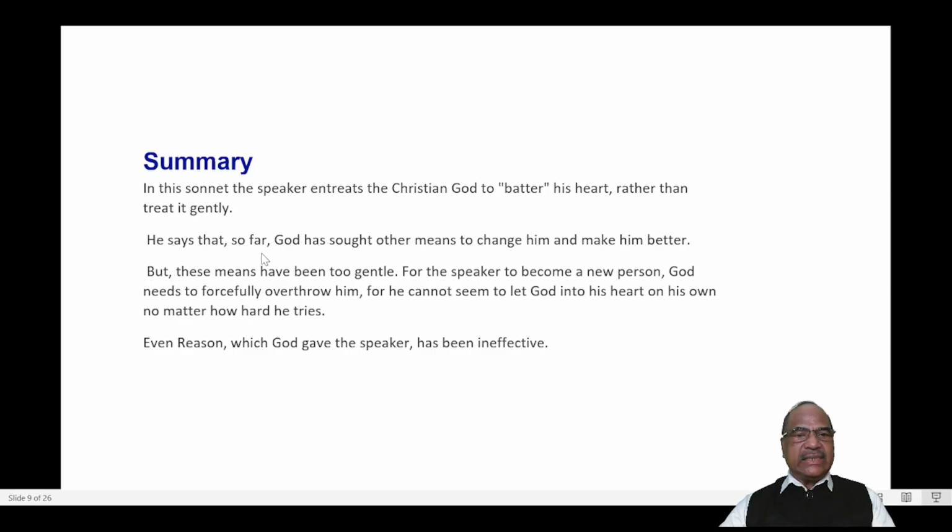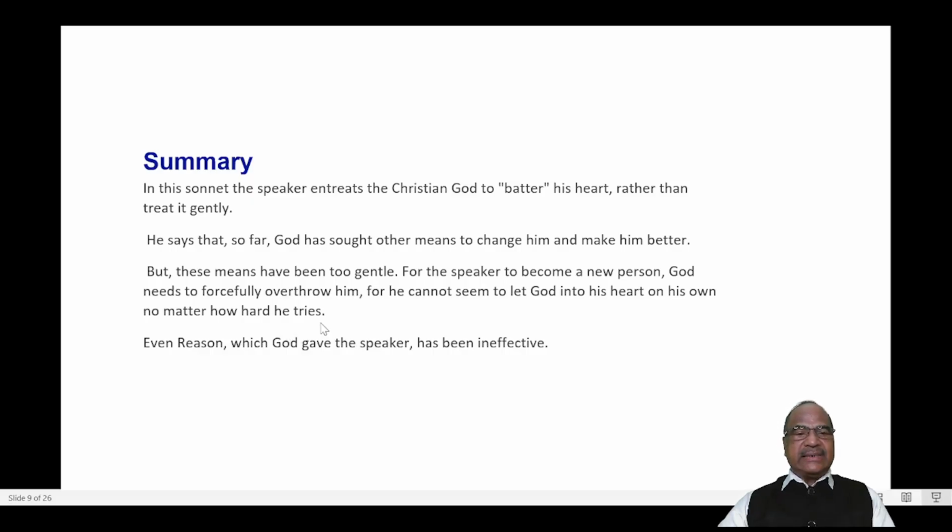He says that so far God has sought other means to change him and make him better, but these means have been too gentle. For the speaker to become a new person, God needs to forcefully overthrow him, for he cannot seem to let God into his heart on his own, no matter how hard he tries.